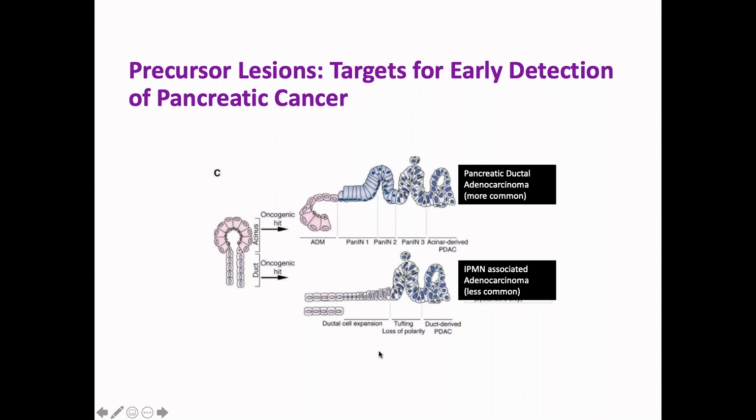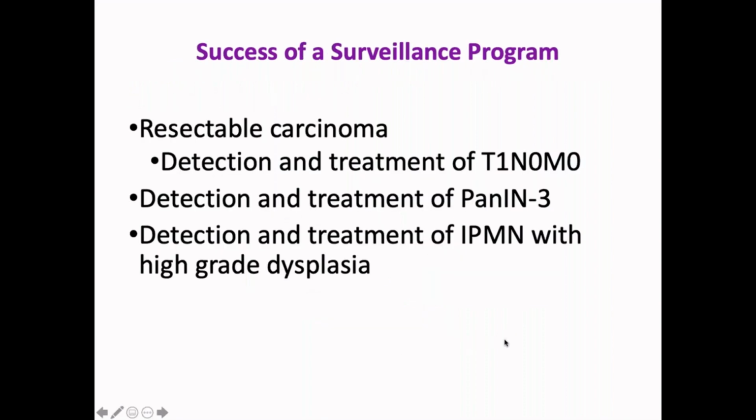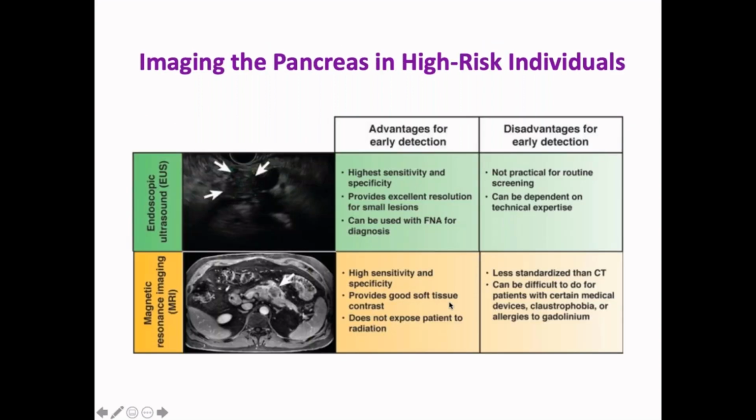The other manner in developing adenocarcinoma is related to the IPMN and cyst pathway. So the success of a surveillance program is really to identify a resectable cancer, one that is at the earliest stage, with the potential to detect and treat a Panin-3 lesion, which is on its way to developing pancreatic cancer but is a precursor to adenocarcinoma, or this IPMN pathway with high-grade dysplasia.